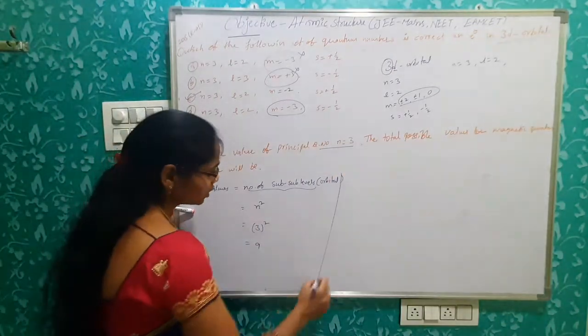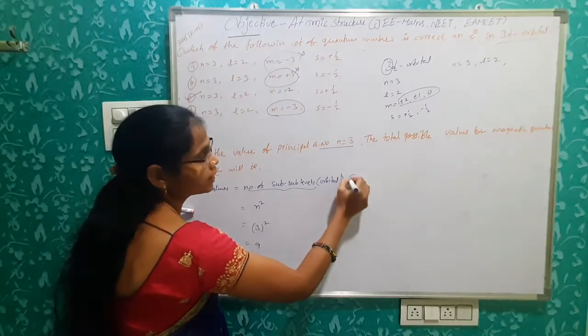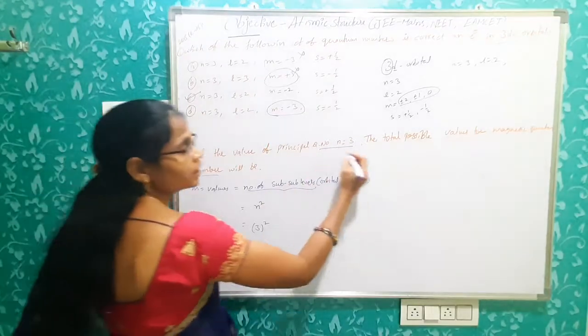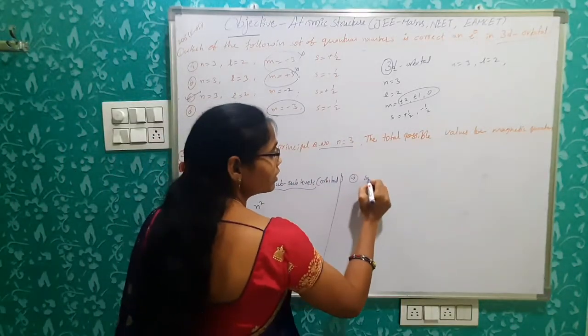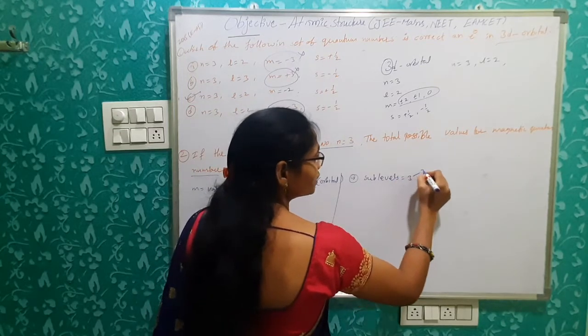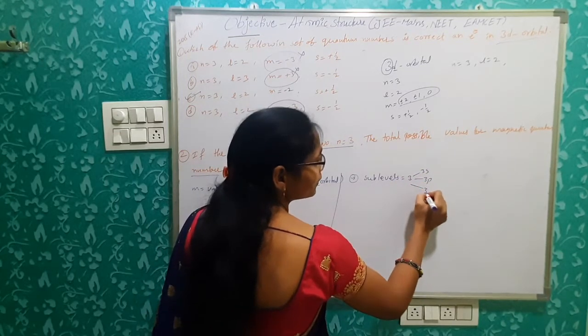Or you can calculate another way. n equals 3 means sub levels are 3 only. They are 3s, 3p, 3d.